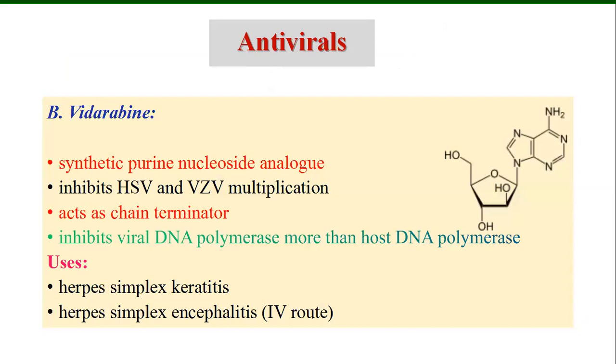Next one is vidarabine. It's another synthetic purine nucleoside analog and also inhibits HSV and VZV multiplication. It acts in a similar fashion, as a chain terminator, specifically inhibiting the viral DNA polymerase more than the host DNA polymerase.